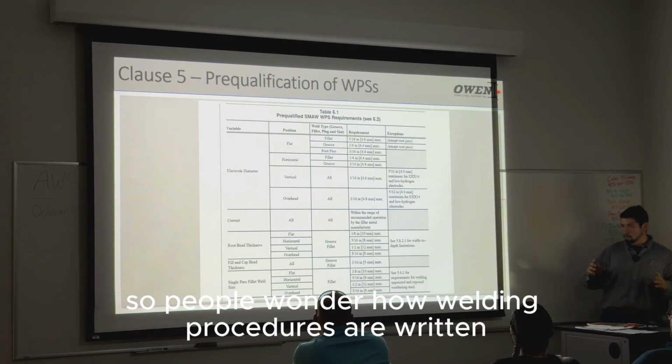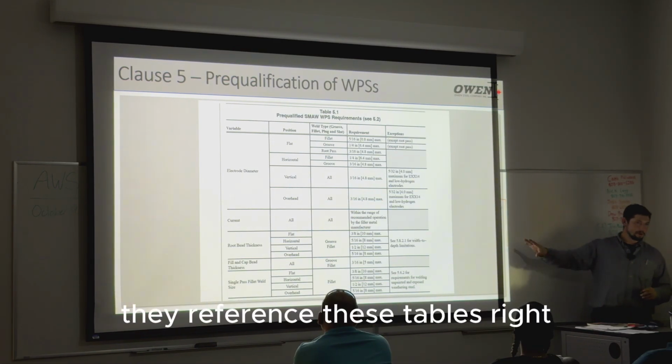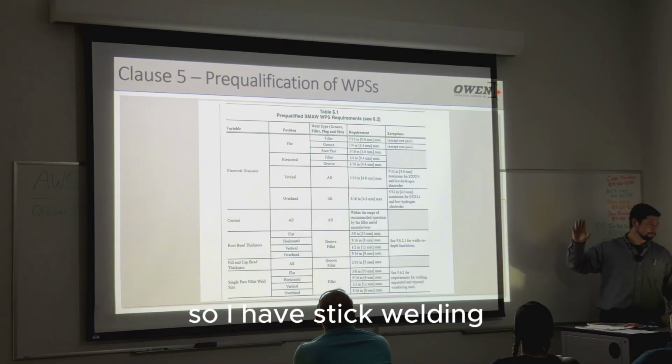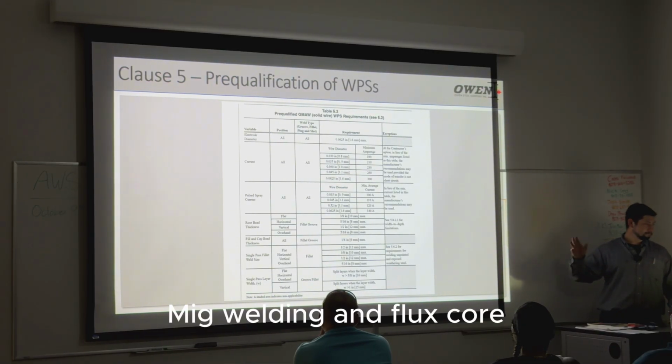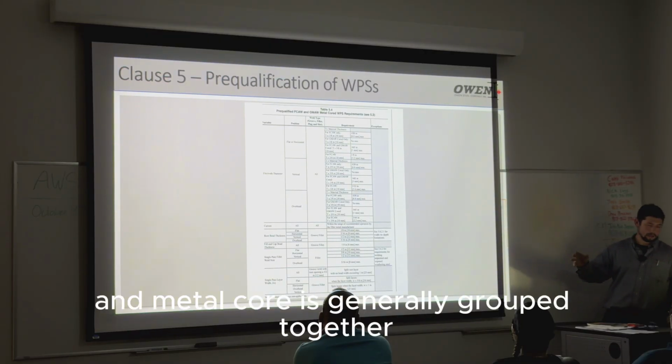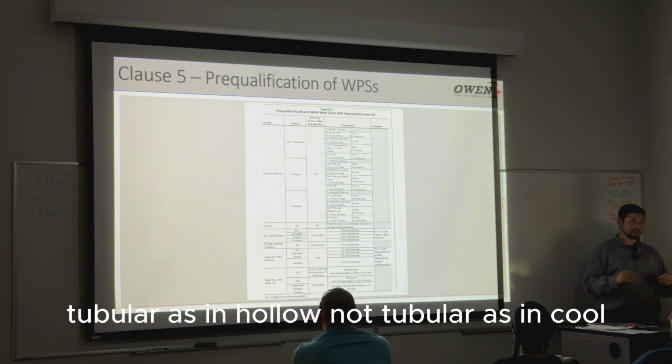So people wonder how pre-qualified welding procedures are written. They reference these tables, right? So I have stick welding, submerged arc welding, MIG welding, and flux core and metal core is generally grouped together because they're both tubular electrodes. Tubular as in hollow, not tubular as in cool, right?